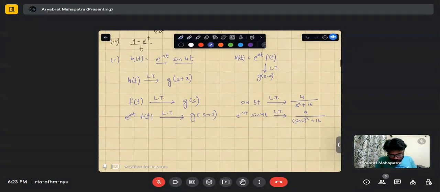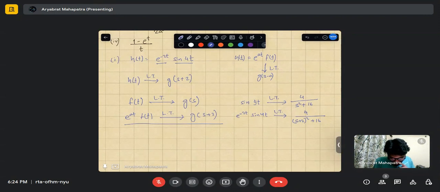As I told you, this is your property right here, so you have to use that. When the exponential of at is multiplied with your f of t, whatever your Laplace transform was earlier, just because of f of t, you just change the argument from s to s minus a.